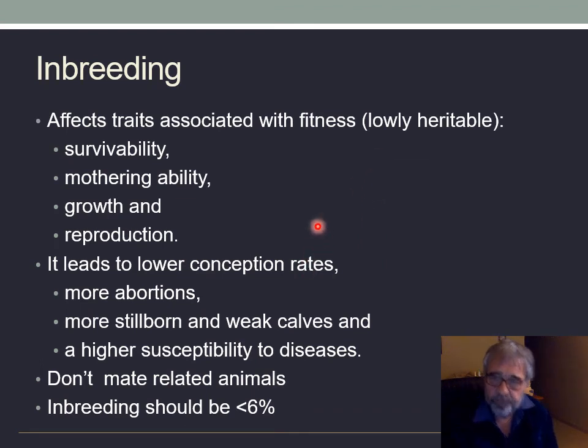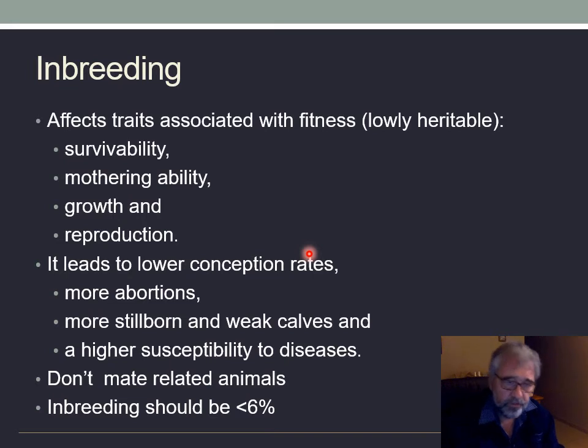Just a few other side notes on inbreeding. We know that an increase in inbreeding is associated with the so-called fitness traits, survivability of animals, the mothering ability of the animals. It can also negatively affect growth and reproduction.